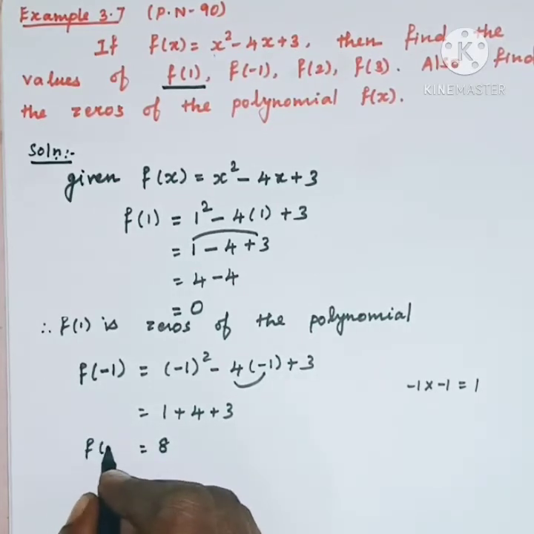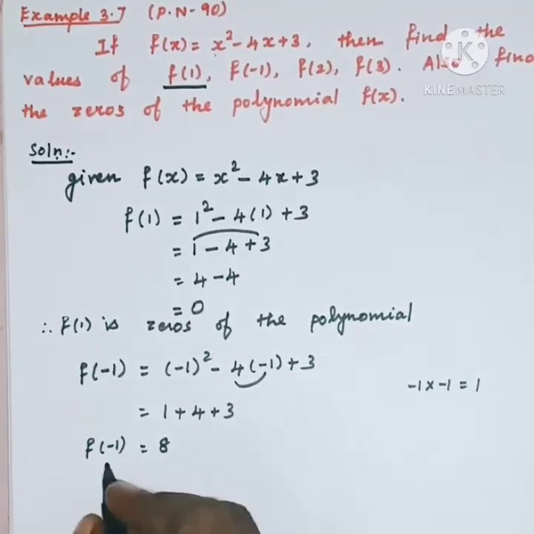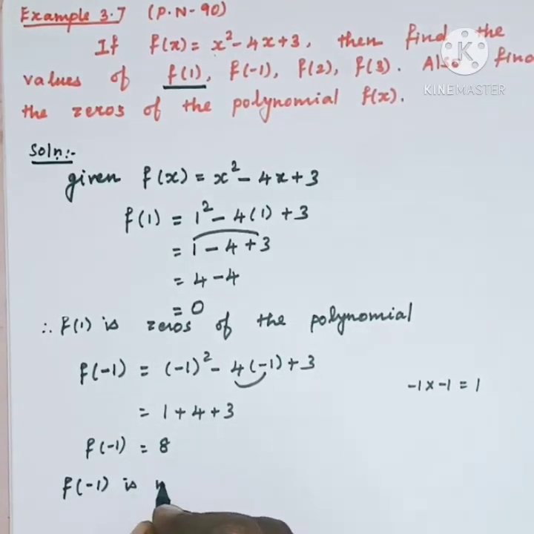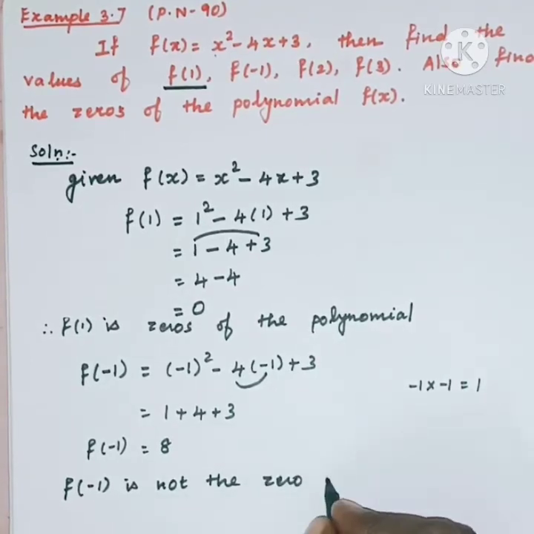So f of minus 1 is equal to 8. Here we didn't get the answer 0. Therefore f of minus 1 is not the zero of the polynomial.